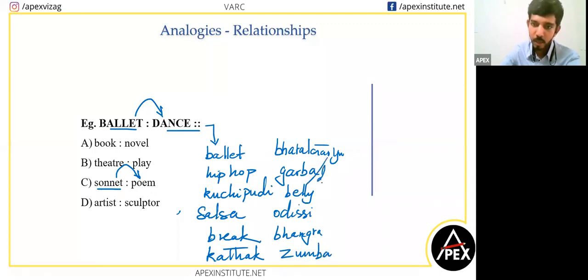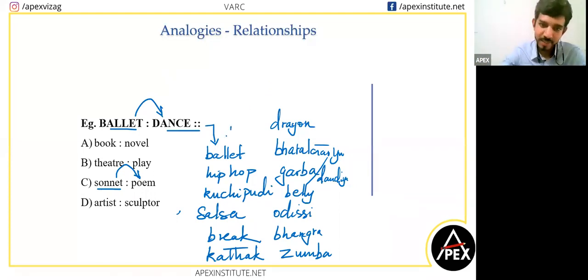Garba, let's say Garba, Dandiya, all from Gujarat. Yeah, dragon dance. I don't know what it is. I haven't seen it. But I'm putting it up because someone said dragon dance. Achha. Then there is a lot of other dances now which I'm not aware of. Wakanda dance is from Avengers.